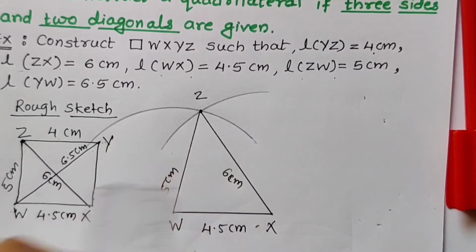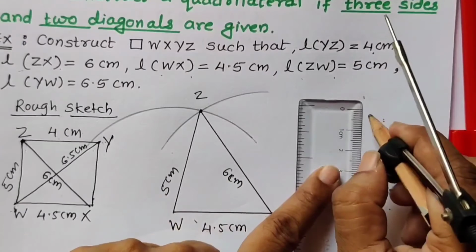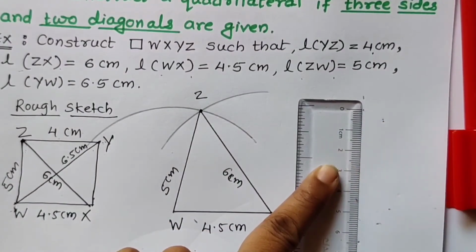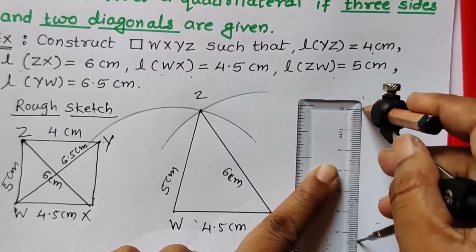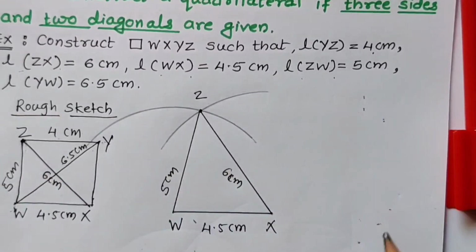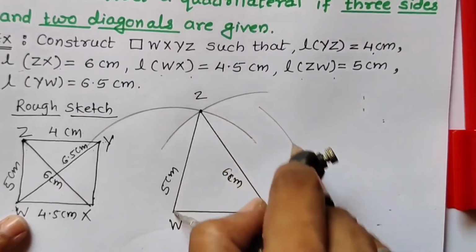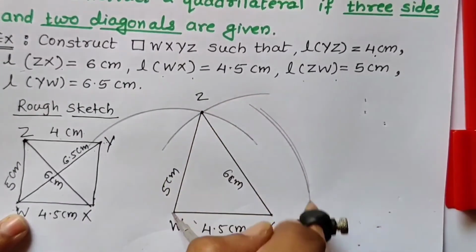From W we will be drawing at 6.5, 0 to 6.5. Here it is 6.5. From W it is 6.5, so I am going to draw an arc like this. Okay.